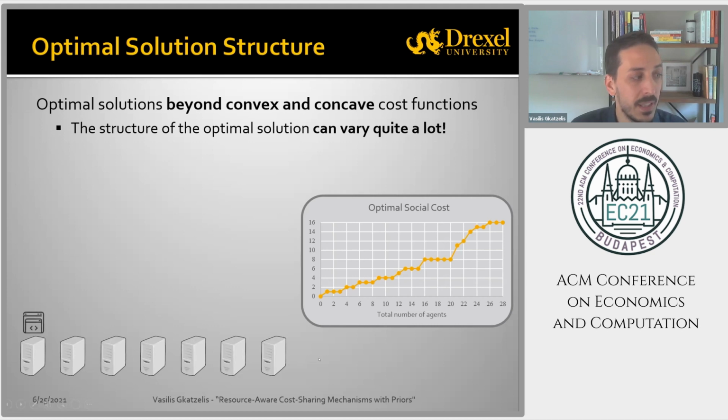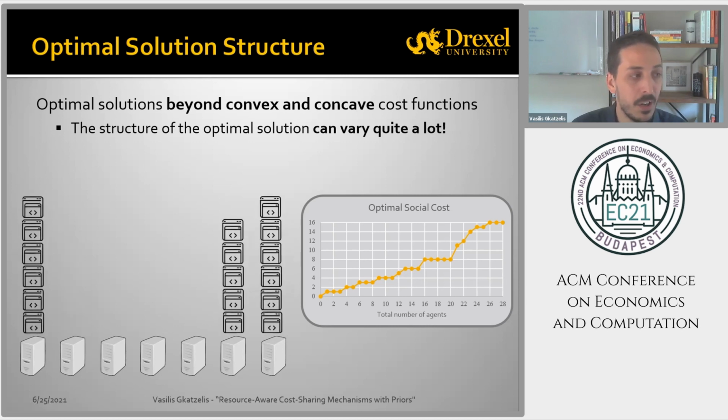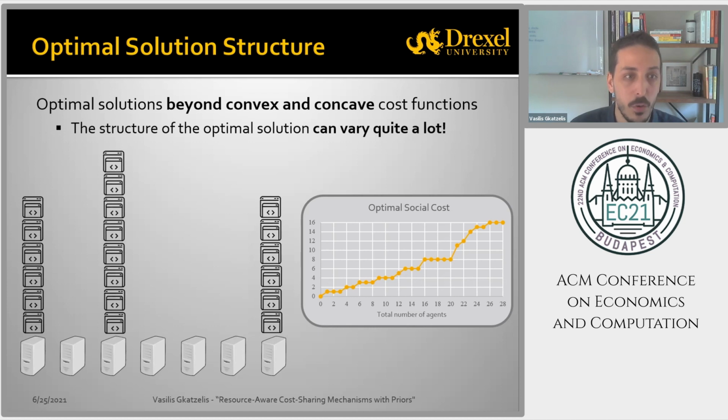For instance, the first 3 jobs in an optimal solution should go on the same machine, but if you get 4, it should be different. Later on, they should be spread out across multiple machines and change as you go on. So this means that there's no useful structure if we deal with instances where the cost functions are general, not necessarily either convex or concave.